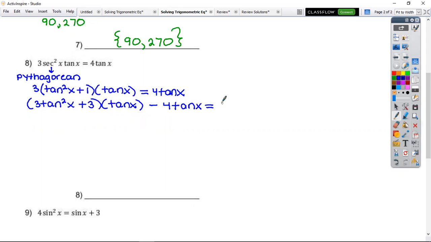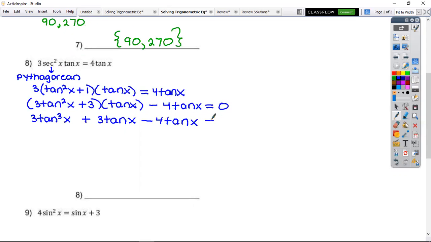And again, these problems do get lengthy. So now I'm going to just distribute and work with these parentheses. So 3 tan squared x times tan x is 3 tan cubed x plus 3 tan x minus 4 tan x.